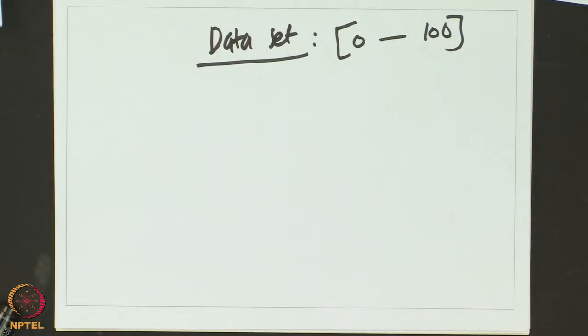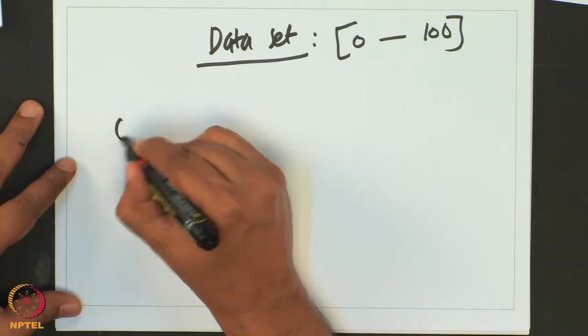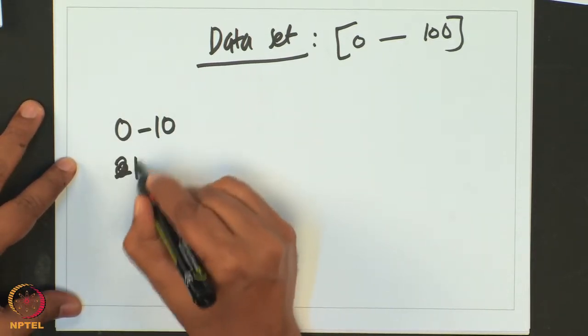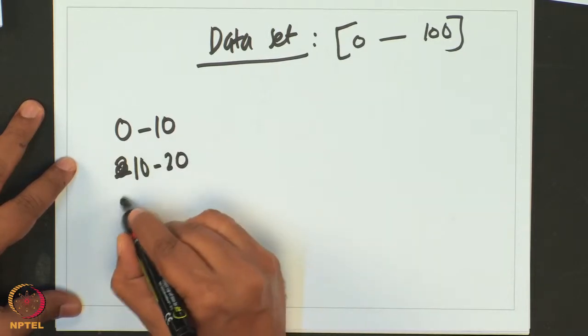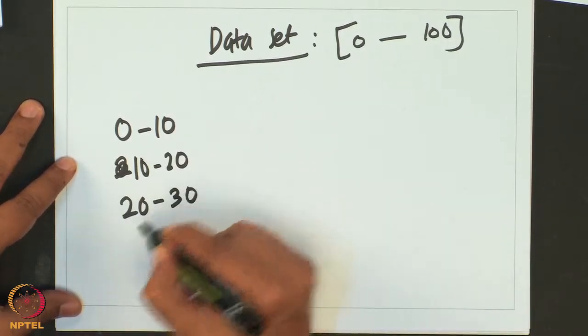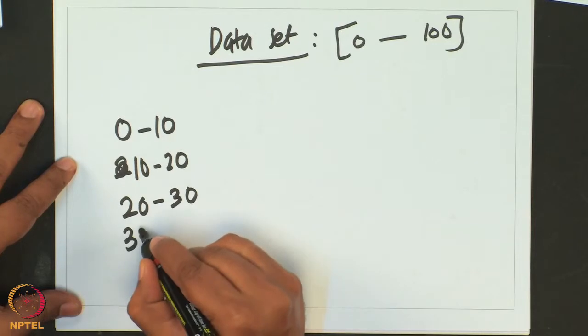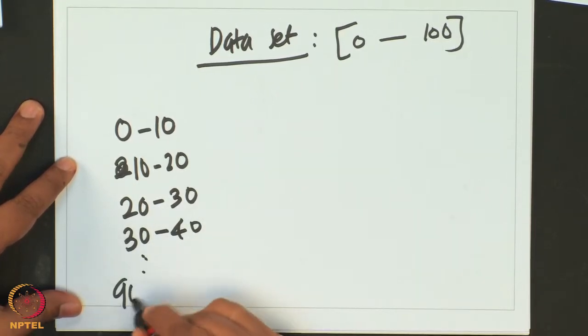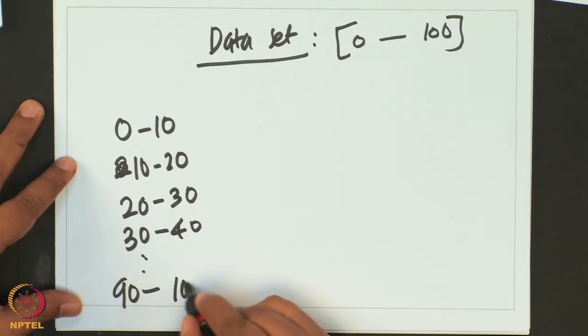We could ask the following questions: how many numbers are between 0 and 10? How many between 10 and 20? How many between 20 and 30? How many between 30 and 40? And so on, finally how many between 90 and 100.